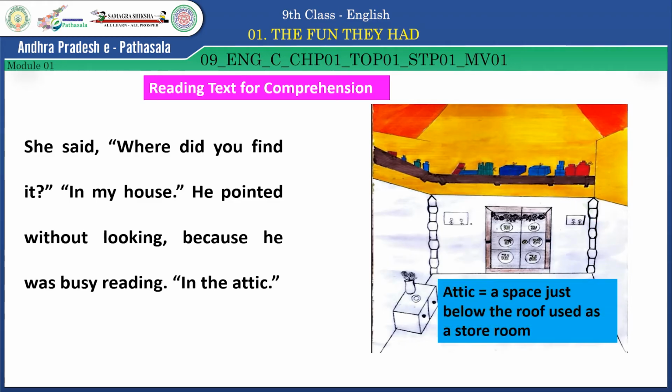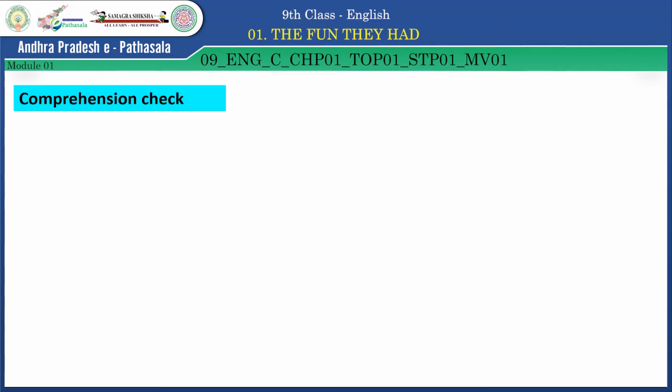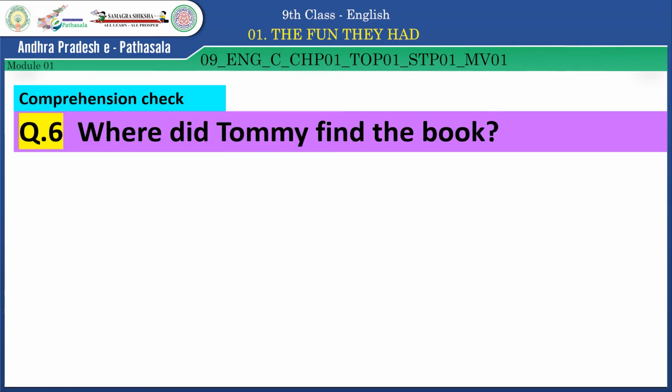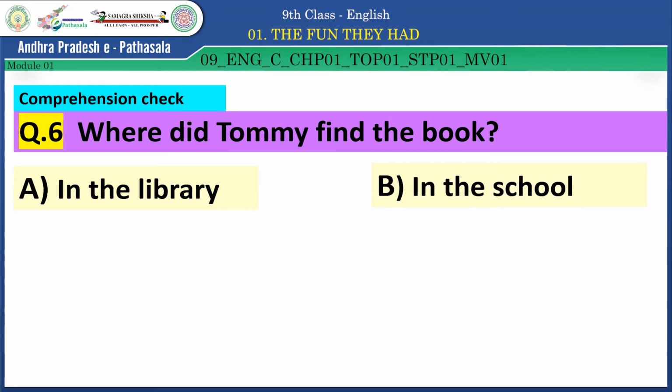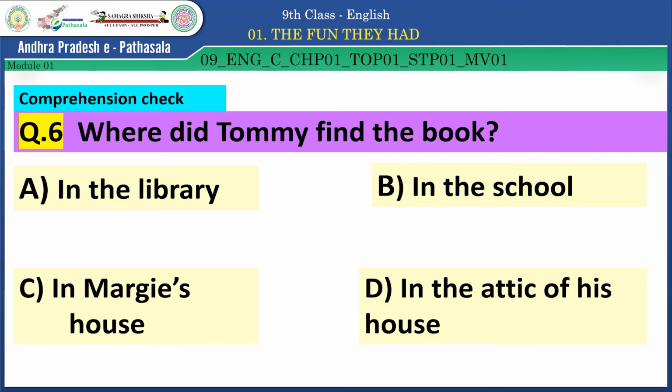Attic is a space just below the roof used as a storeroom. Can you guess the question I am going to ask? Yes, you guessed it right. Where did Tommy find the book? The options are A. In the library, B. In the school, C. In Margie's house, D. In the attic of his house.